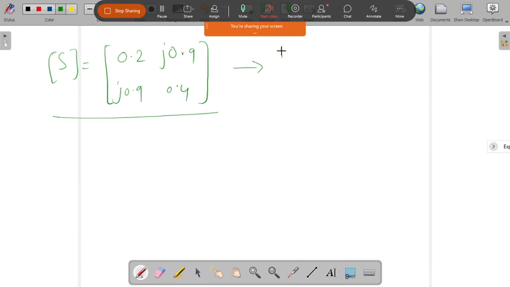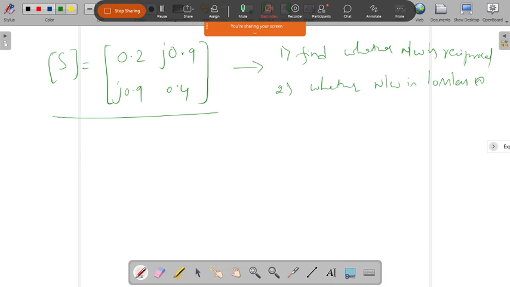Now find out, first, whether the network is reciprocal, and second, whether the network is lossless or not. Generally they will give some S matrix and ask us to find whether the network is reciprocal, lossless or not.